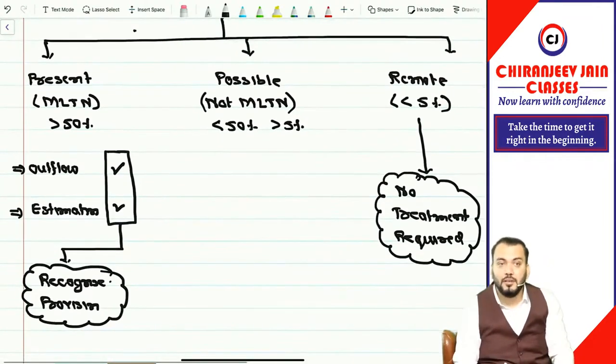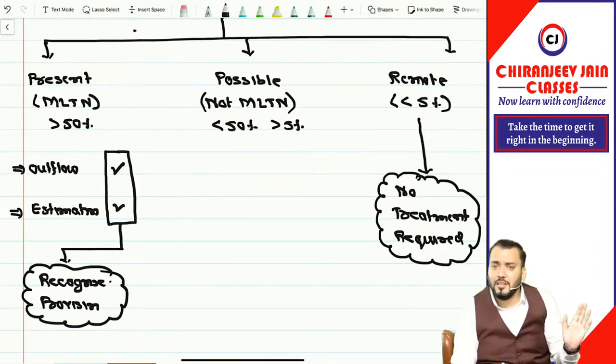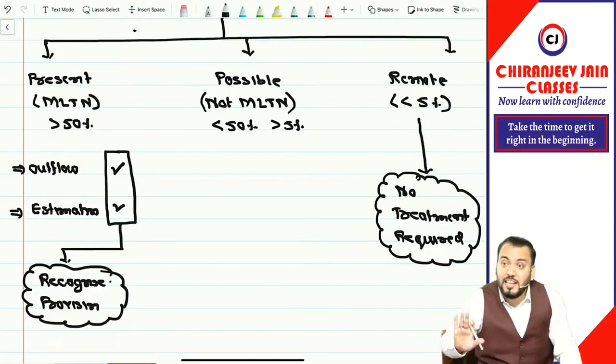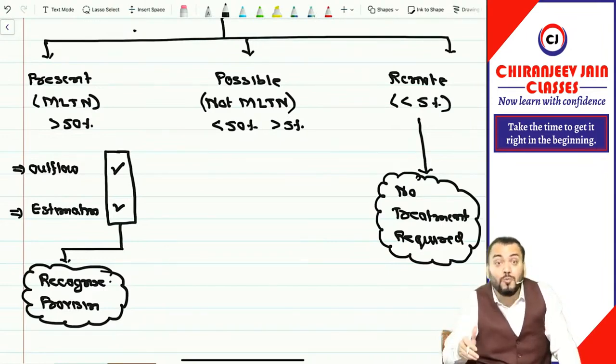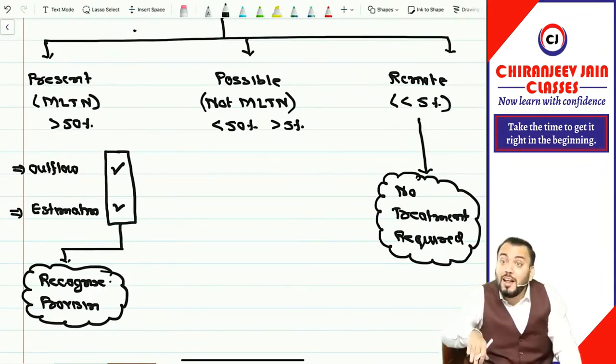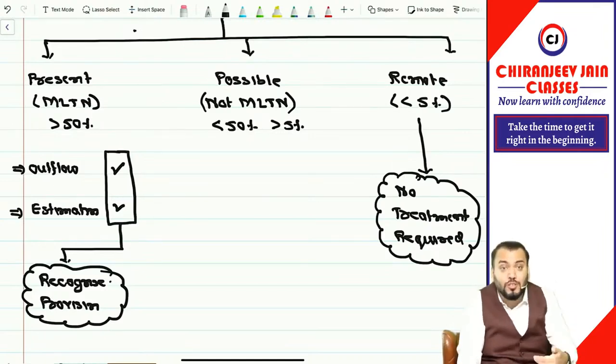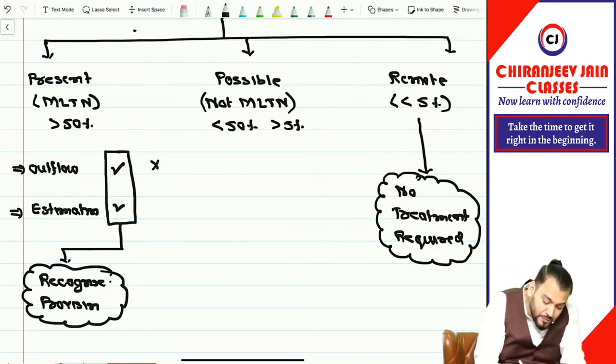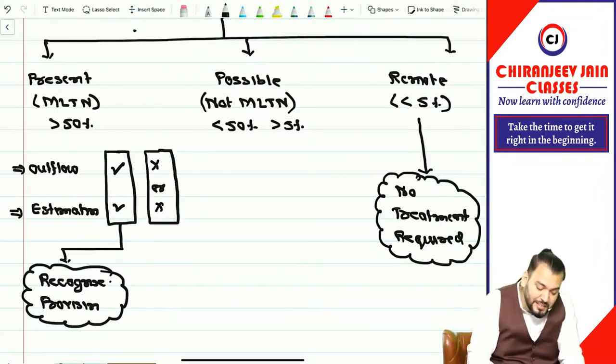Correct? Have you understood? But there can be a situation that when there is a present obligation arising from a past event, but either outflow of resource is not probable or amount cannot be estimated, or both conditions are not satisfied. Quite possible or not? So in this case, what does Ind AS 37 say?